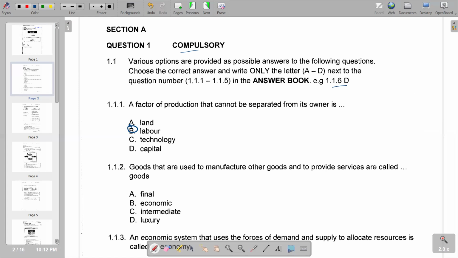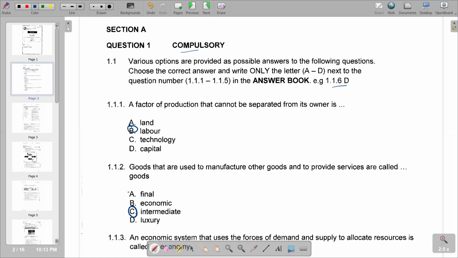So we go to 1.1.2, where it reads goods that are used to schools. According to the response given, the correct response is intermediate goods. So we can just indicate our intermediate goods. We have to take note that intermediate goods are unfinished items that comprise parts of production.